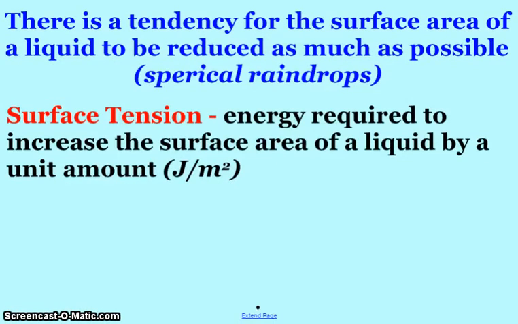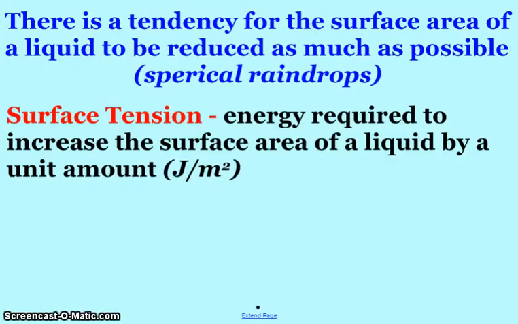As it says there, there's a tendency for the surface area of a liquid to be reduced as much as possible, which is why we see spherical raindrops. Because if you remember from geometry class, a sphere has the smallest surface area for a given volume of any geometrical shape. I'm sure you remember that.